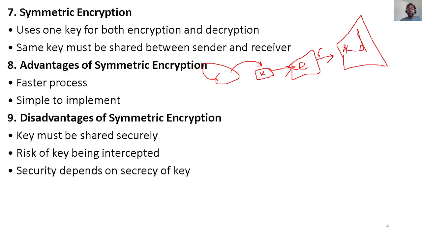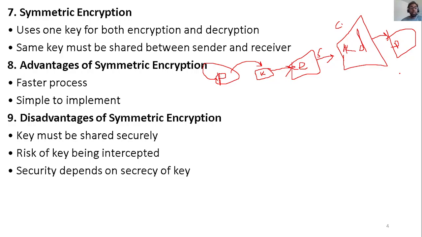Once it is decrypted, the ciphertext is converted into plain text. I should have written here as plain. So this is the process. The book has a better diagram, but this is also enough for understanding for the lecture. You must see the book diagram as well.